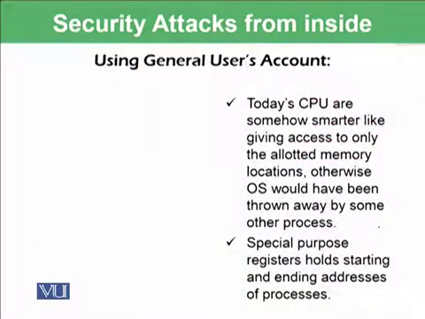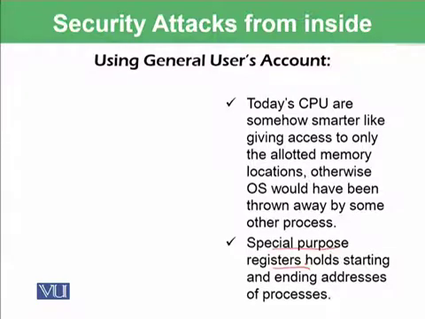For example, today's CPUs are somewhat smarter, so they give access to the allotted memory locations only. Otherwise, the operating system would have been thrown outside the main memory. For example, there are some special purpose registers.